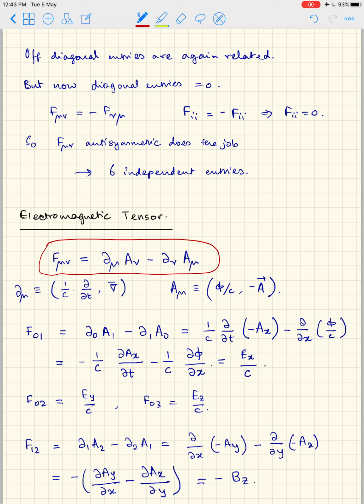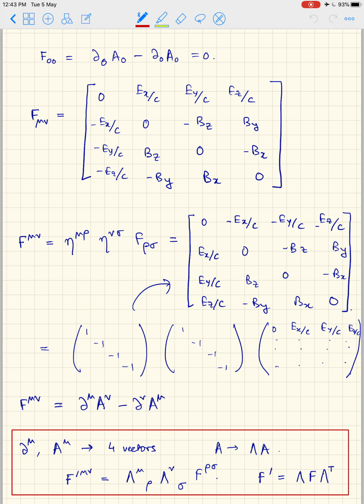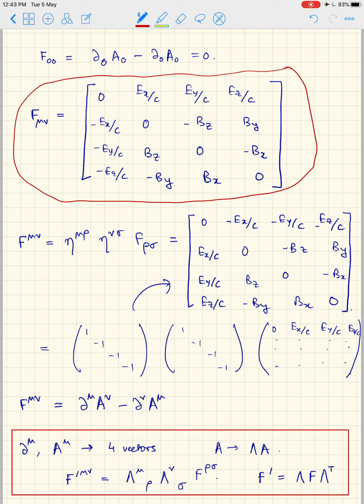If you write down all of these, F mu nu is going to take the form that I've written down here. If you want to transform these indices into upper indices, you have to multiply by etas. So you multiply this object by these 2 etas, and then what you get is F mu nu upstairs, which is written here.